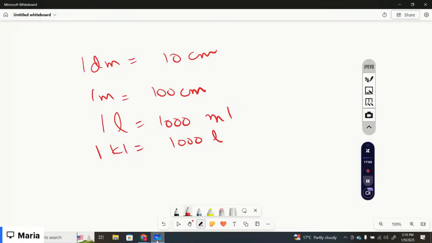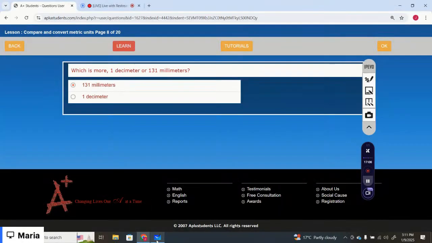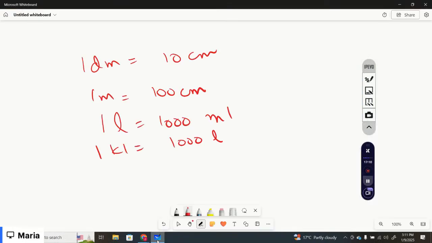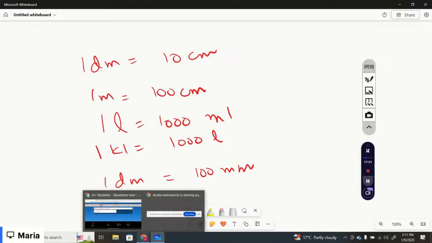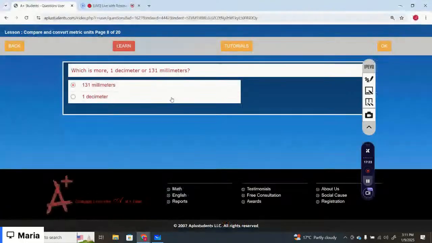I think I have already written it. Let me write it down over here. 1 decimeter equals 100 millimeters, right? So then 131 millimeter is more than 1 decimeter. Got it?